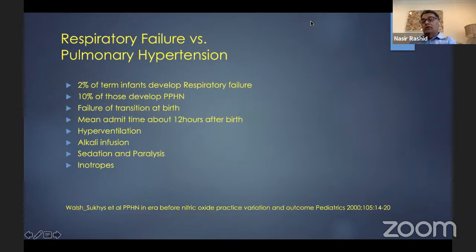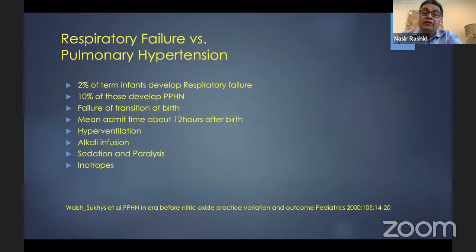Before we go to the topic of pulmonary hypertension, PPHN, what I want you to understand is, let's go back in time 20 years and understand what the management protocol of PPHN was at that time, and what incidence was recorded in one of the largest studies published back in 2000.